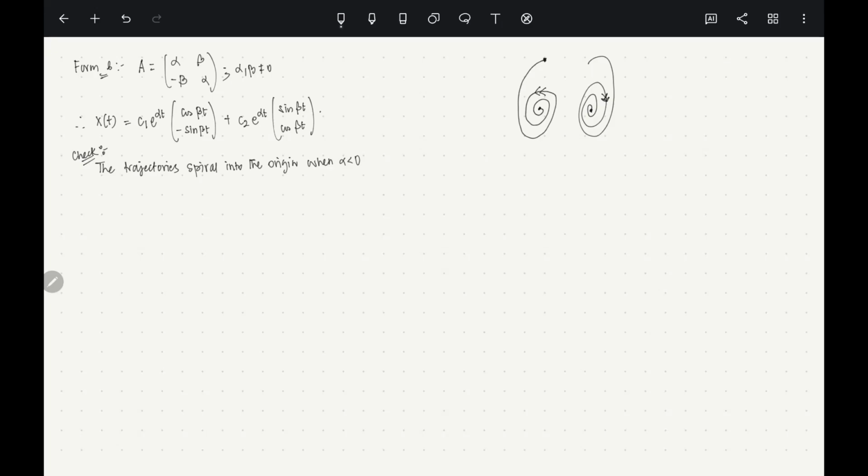And as t tends to infinity, with alpha negative, e power alpha t goes towards 0. So all these trajectories are moving towards 0. But they can't move like this, they can't move in a straight line. Why?